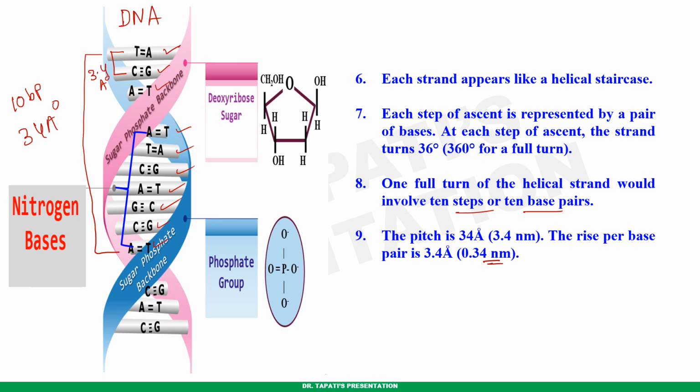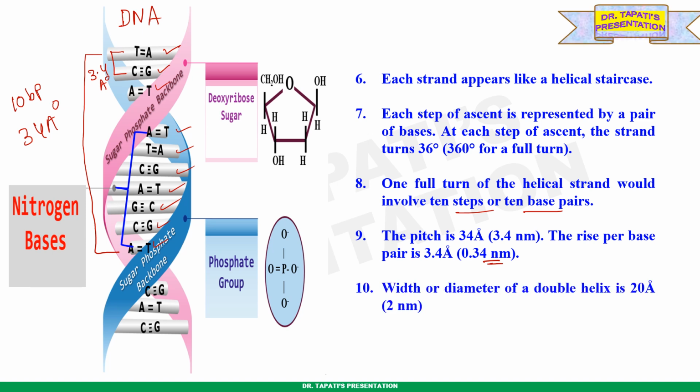Simple mathematical calculation. Now width or diameter of a double helix is 20 angstrom or 2 nanometer. So these are overall characteristics of B form of the DNA, that means Watson-Crick model of double helix DNA structure.